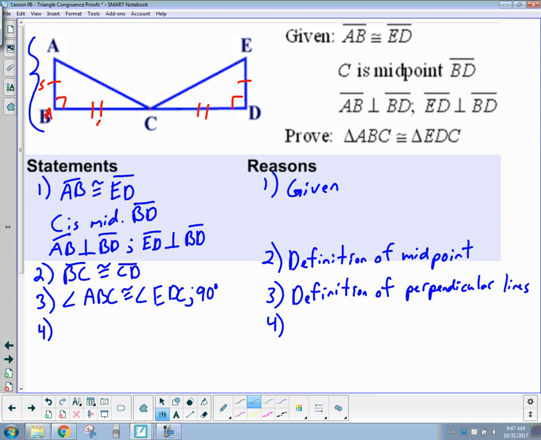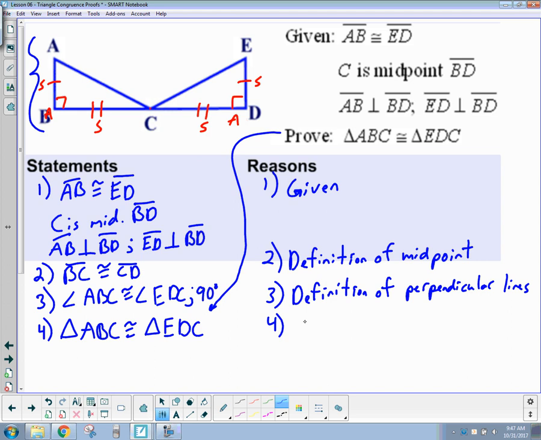So, we're ready for a proof. Triangle ABC is congruent to triangle EDC, and this is because of side, angle, side.